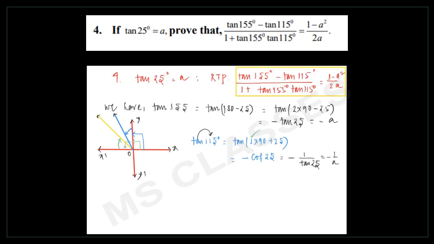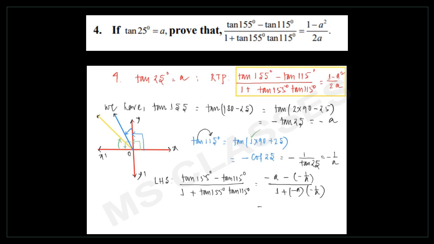Write down LHS: tan 155 minus tan 115 by 1 plus tan 155 tan 115 equals minus a minus of minus 1 by a, whole divided by 1 plus minus a into minus 1 by a.